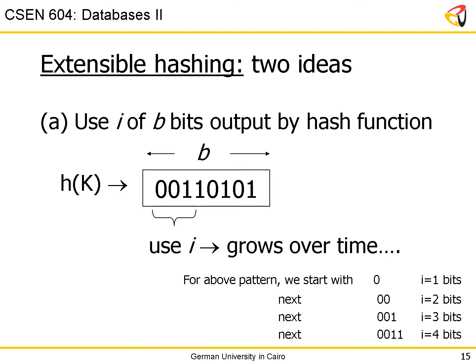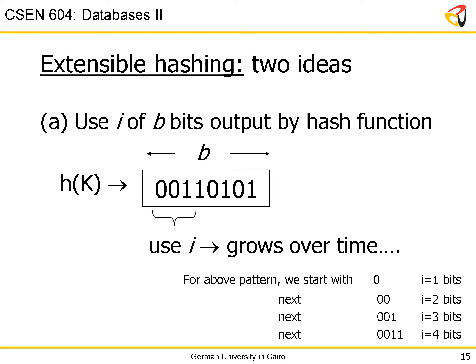So in other words, we will start, say, by using 1 bit, and then if we need more space, we will use 2 bits of the binary equivalent of the output of the hashing function. And if we need more space, or the extensible hash table is growing, then we will use 3 bits, then 4 bits, then 5 bits, all the way until we consume all the bits. I'm saying use as I'm referring to something specific you will see soon, but the main idea here is that I don't work with the output of the hashing function directly, I work with the binary equivalent of the output of the hashing function.